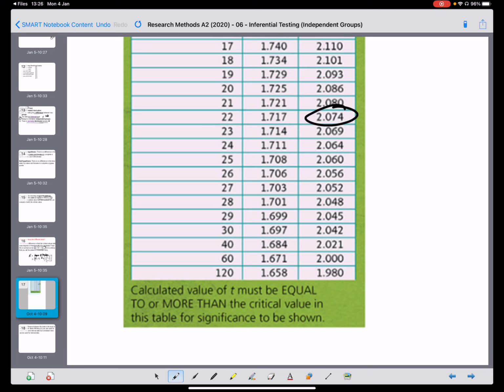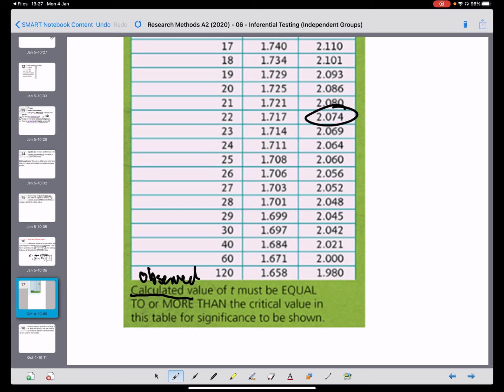Like all the tables, it has the statement that says the calculated value or the observed value. This is why I give you both wordings, because it's not sure what they're going to do. If you are aware that the observed and calculated are the same thing, because it's coming from the data that you have collected, then you should be fine.